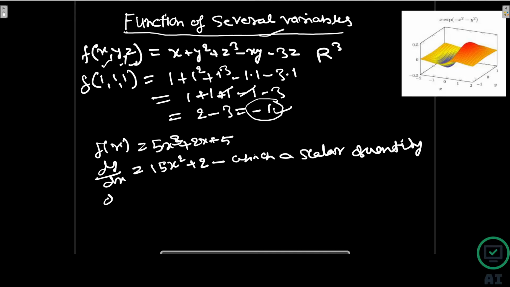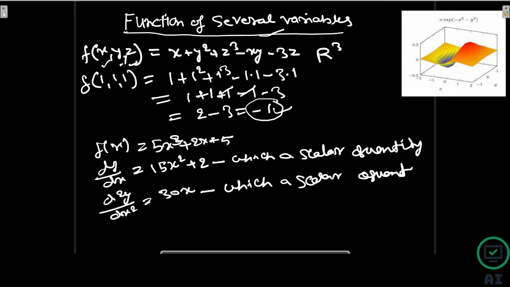And if you take the double derivative of this one, you will get 30x. This is again a scalar quantity. So when you take the first derivative of a univariate function, univariate meaning we have a single independent variable, you get a scalar quantity as a result.